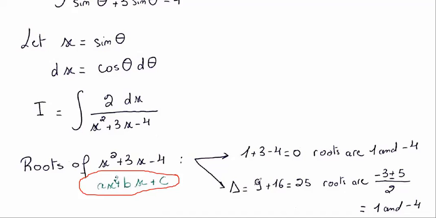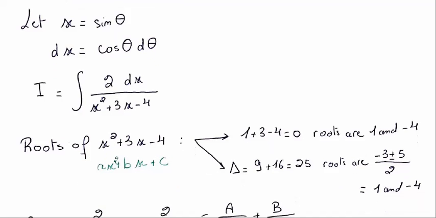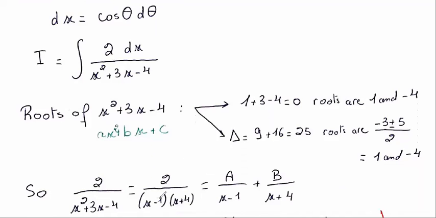Or you can find delta, which is b squared minus 4ac, which is 25. So the roots would be minus b, so minus 3, plus or minus the square root of delta, which is the square root of 25, which is 5, over 2a, which is 2, and again the roots are 1 and minus 4, which means the denominator can be written as x minus 1 factor of x plus 4.